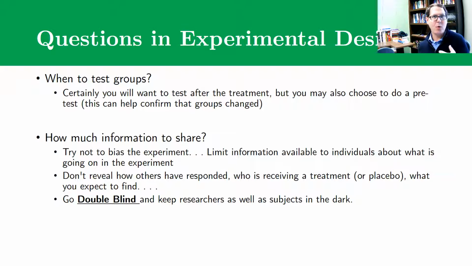If my study requires a little bit of deception, right? I've told you that I'm testing your reflexes, but really I'm testing something else, right? I don't want you to pay attention to that something else. And so maybe I don't do the test or evaluate you until after the fact, because I don't want to bias you with giving you the pretest.